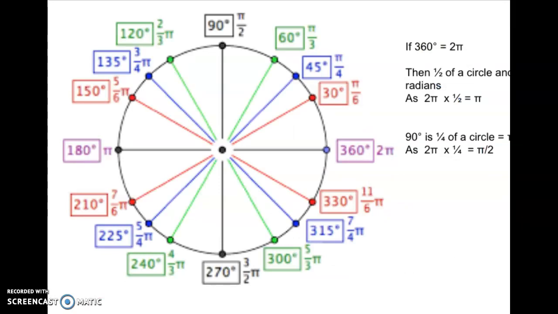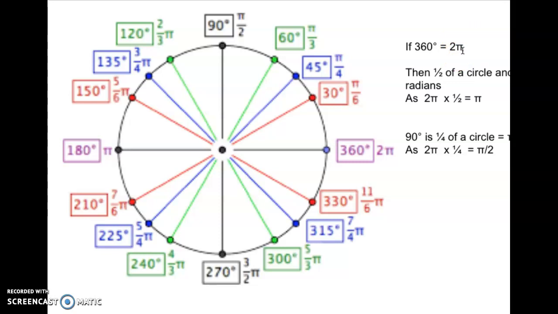And once you know that you can describe an entire circle as 2 pi radians, because, well, I won't prove this because this is something you can do in maths, but basically what you need to know for phase difference is that if 360 degrees, an entire circle, is equivalent to 2 pi, then you can now find any fraction of a circle.